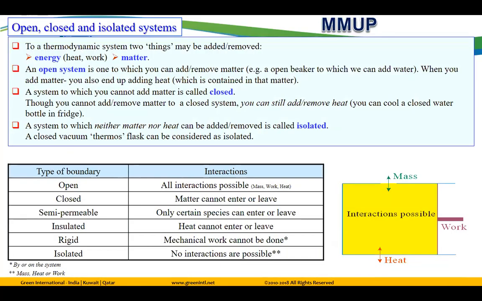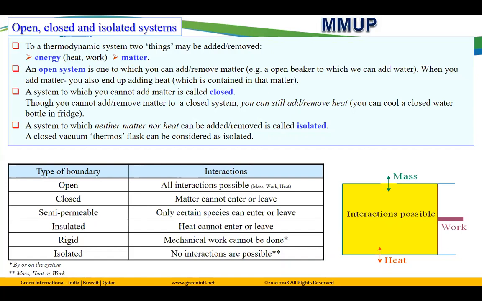This slide is very important: classification of the system. Here we see more information on different classifications according to the type of boundary. But actually we will focus on the three important ones, because the other items are under the umbrella of one of them.